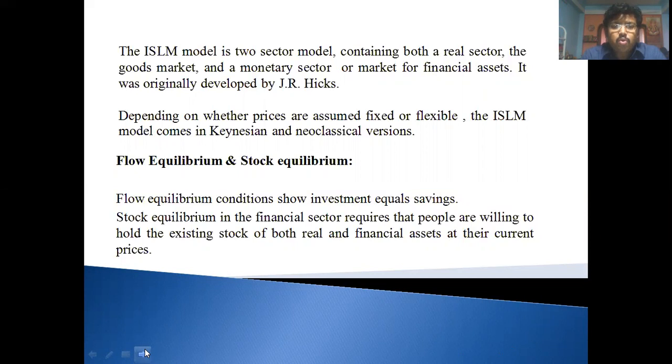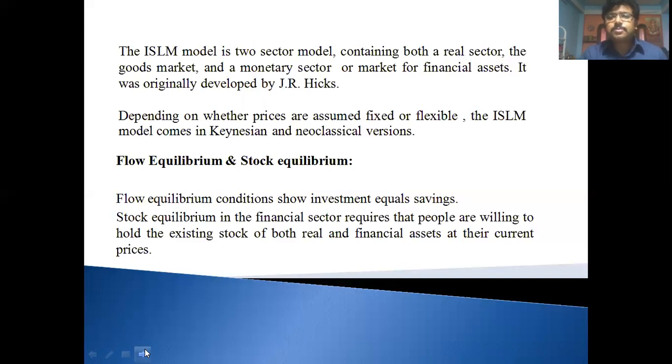So, flow equilibrium is a situation when firms are producing their output and there is a purchaser of that output, and there is an equilibrium in the economy. That equilibrium is called the flow equilibrium.